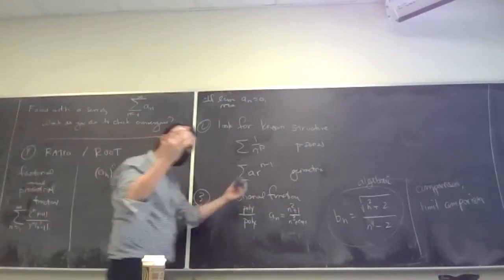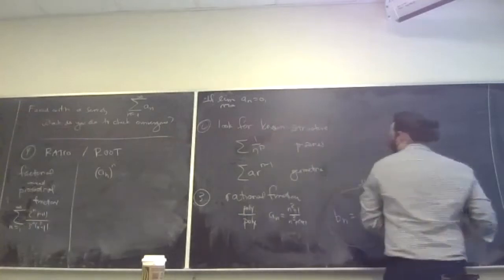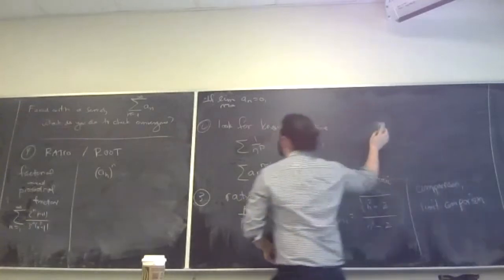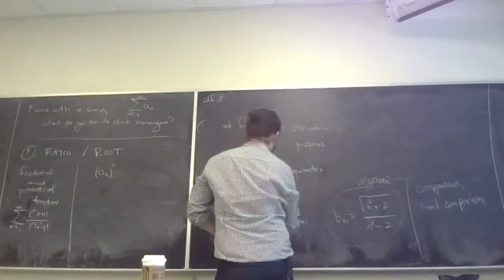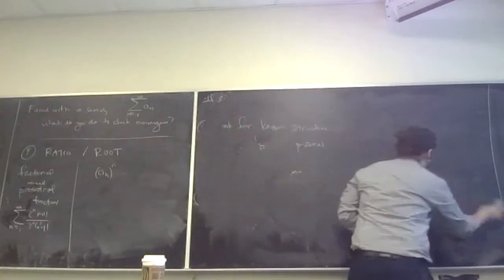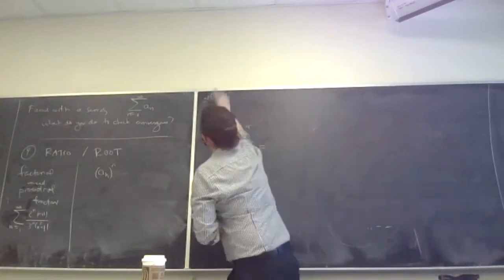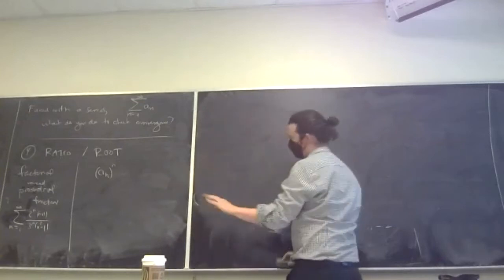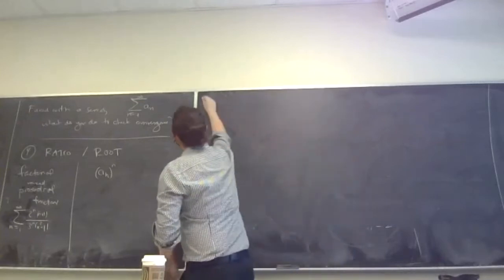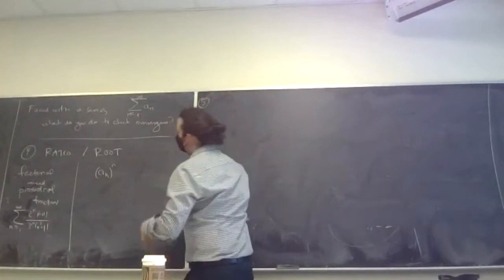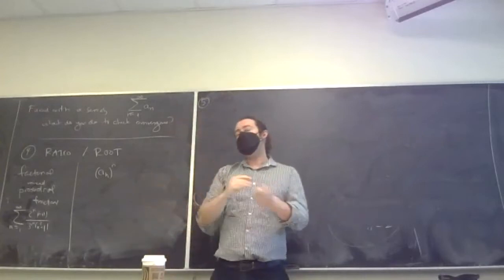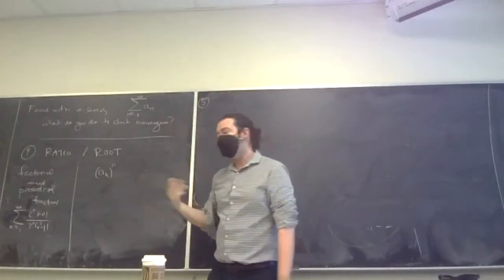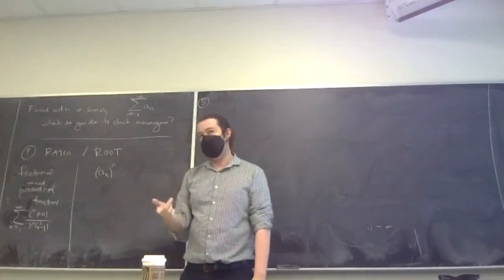Then the mightiest tool of all, but the one that means it's one of the hardest to use. What have we left out? Oh, wait. We got one more to go. Sorry, we're not quite there yet. I put this underneath the ratio and the root test because often ratio and root test problems can be solved without it.